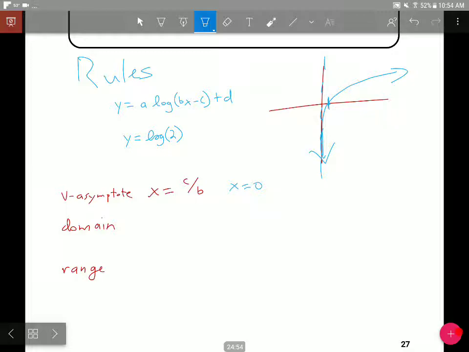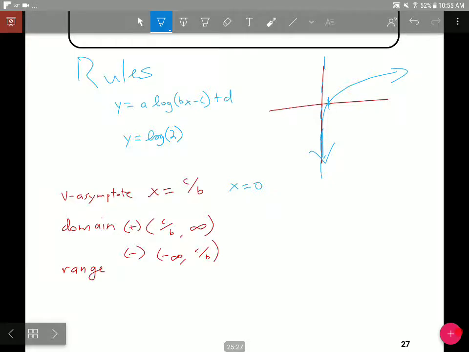All right? Your domain, you've got two ways of writing it. In interval notation, it's from C over B to infinity. That's the positive way. If your A value is negative, it goes from negative infinity to C over B with a parentheses, because that's where the asymptote is.